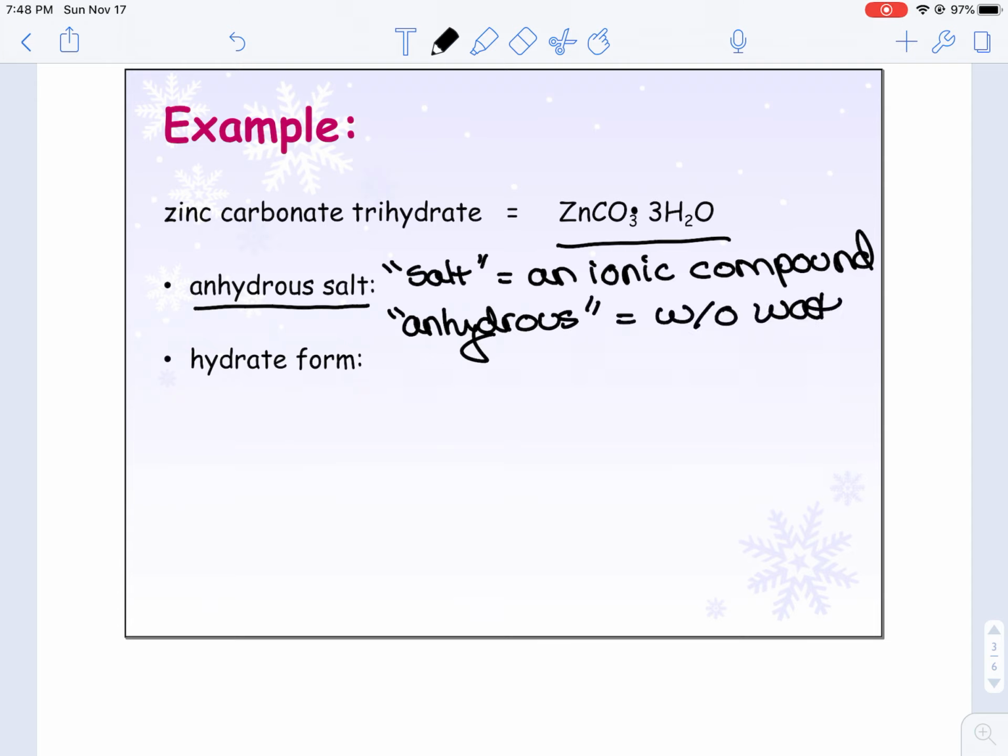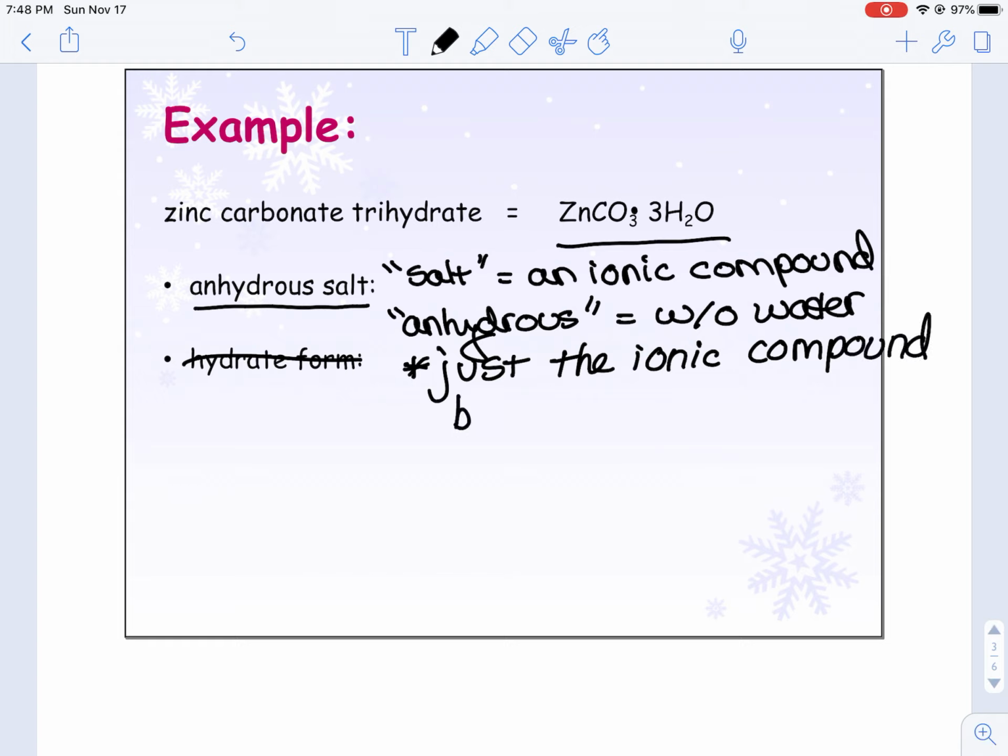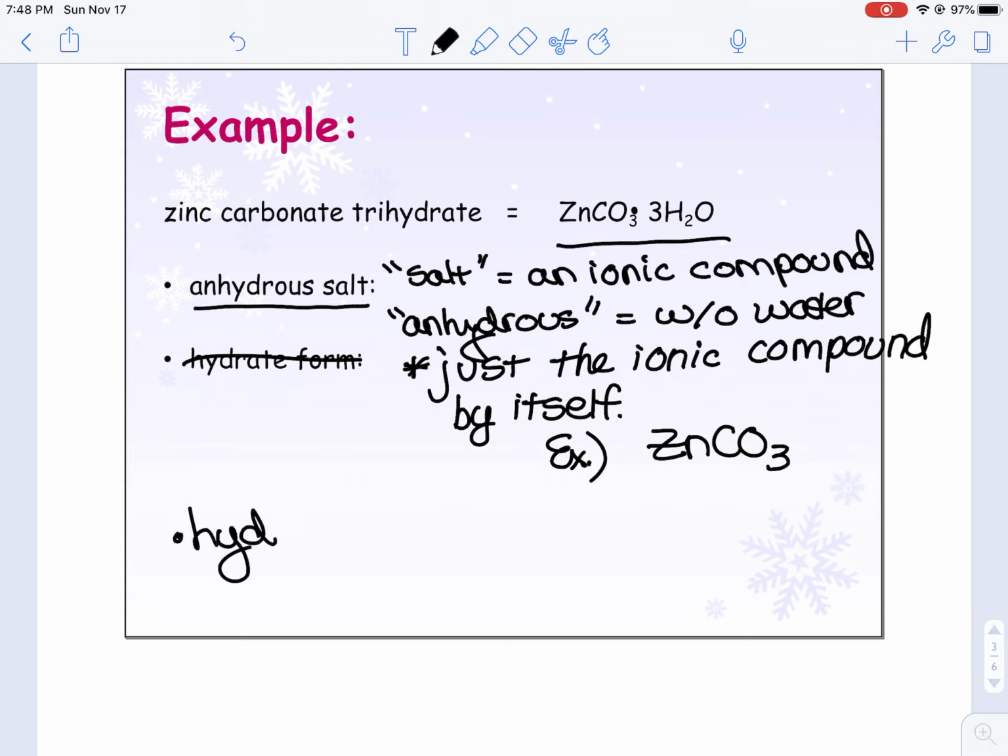So the anhydrous salt is simply the ionic compound on its own. So in this case, the anhydrous salt would be just the zinc carbonate. Then the hydrated form, or the hydrate, is the compound with the water incorporated.